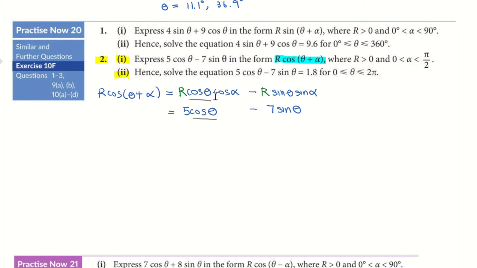I can tell you what is the value of 5. 5 equals R cosine alpha. Then my 7 is R sine alpha.